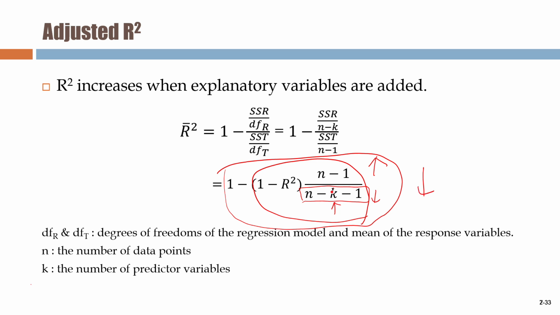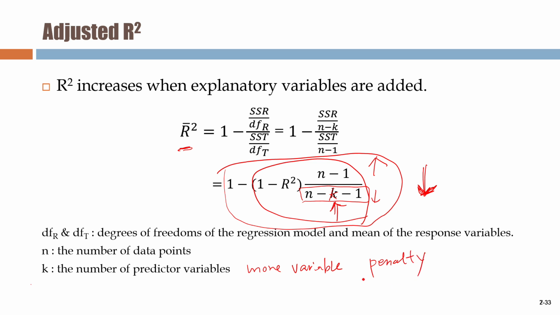So when k increases, adjusted R square will decrease, right? The effect is that when you have more variables, it will penalize. It will give us some kind of penalty.